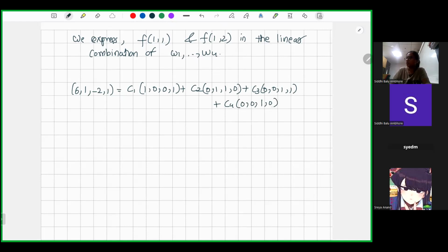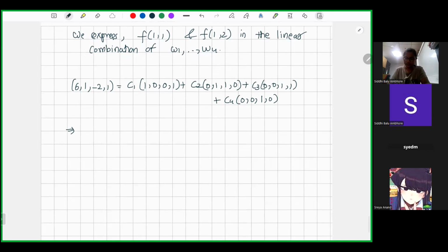0, 1, 0. Okay, and if I compare the coefficients, I get C1 is equal to 6, right? C1, C2, C3. C2 plus C3 plus C4, and for the last one, it is only C1 plus C3.